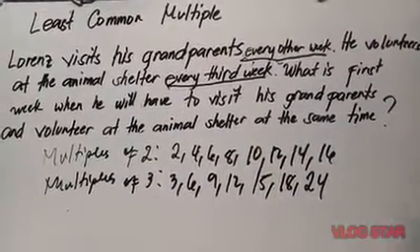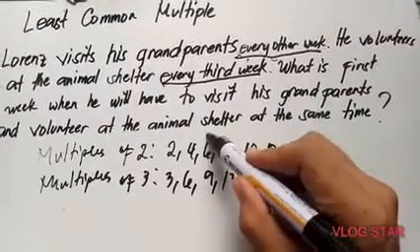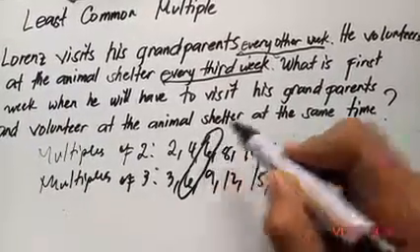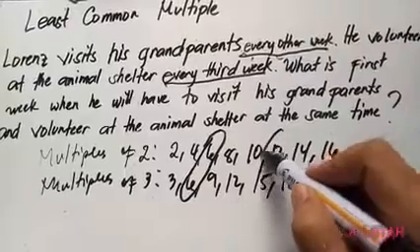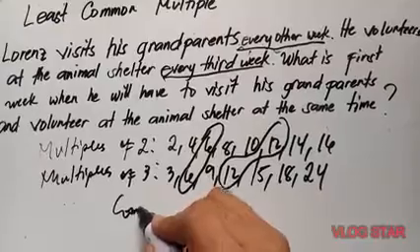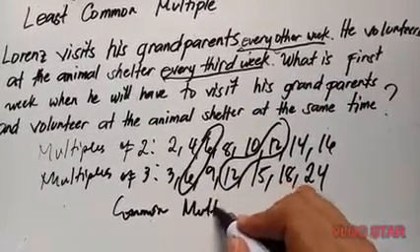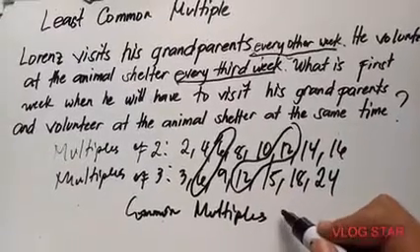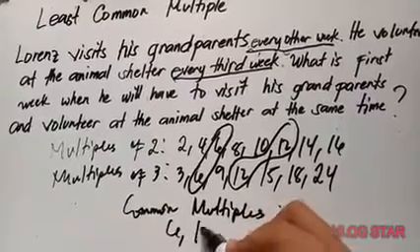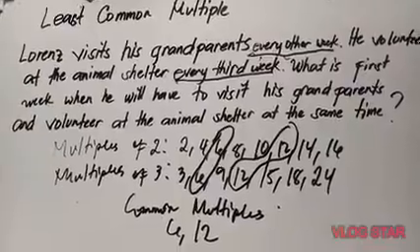And after that, let's identify their common multiples. So we have 6 and we have 12. The common multiples are 6 and 12 based on the lists of multiples of 3 and 2 that we have.